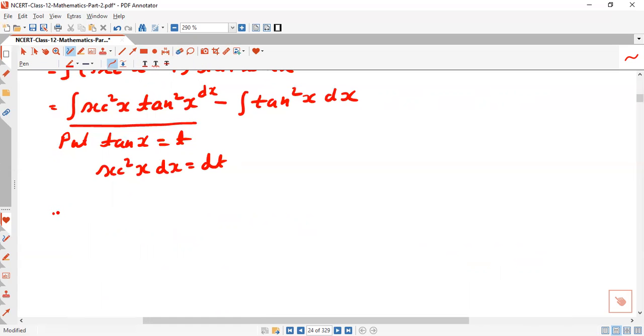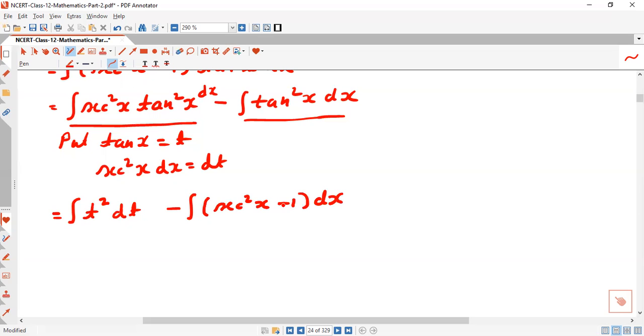Now we put tan x equal to t, so this integration becomes the integral of t square dt. And the second part, the integration of tan square x dx with a minus sign, I will write in two parts: sec square x minus 1 dx. Now we take the integration.